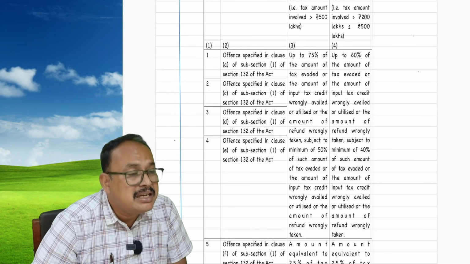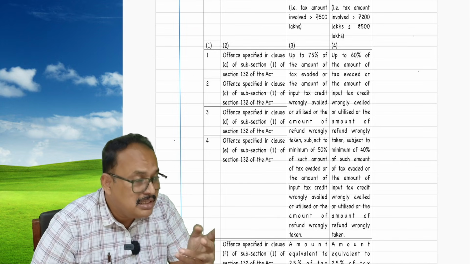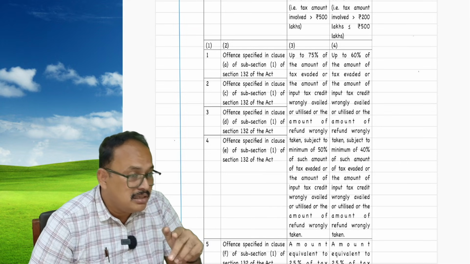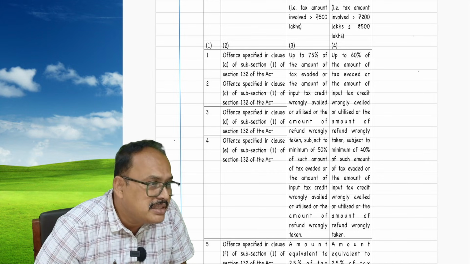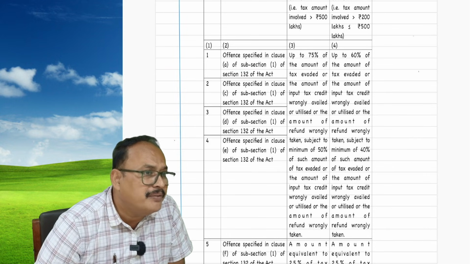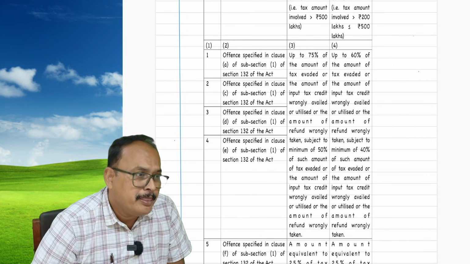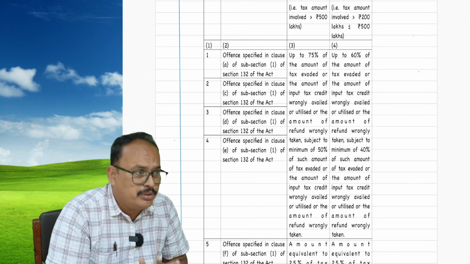In the case of less than or equal to 500 lakhs of tax evasion under section 132, class A, class C, and class D, in those cases the minimum is 40% and the maximum 60% of the tax amount is what we call the compounding amount.